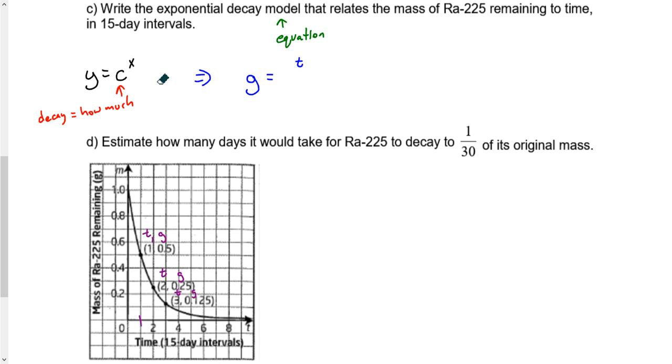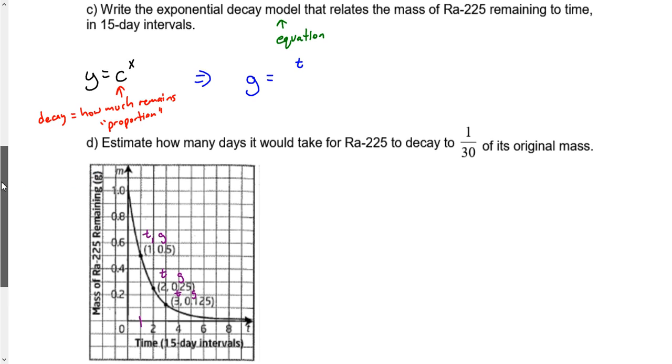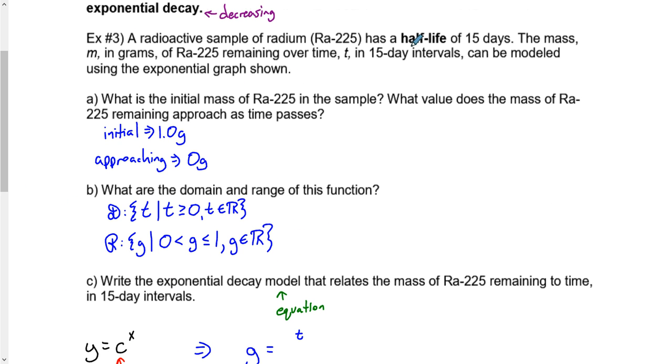It's asking how much remains. Now, when I write that, I'm not saying how much remains at the very end. I'm talking about after each time period, how much remains. It does have to be a proportion. In this case, it's a half-life.